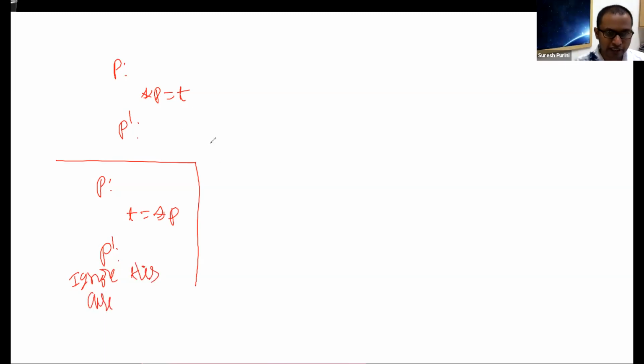But this particular case, *ptr = t, is a tricky case. Let's say an expression x + y is available here, and we are trying to push this expression x + y through this statement.